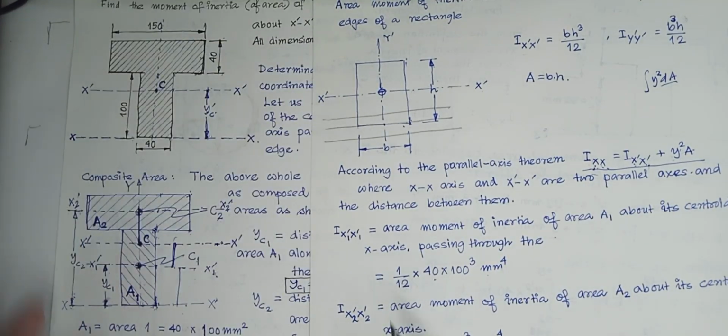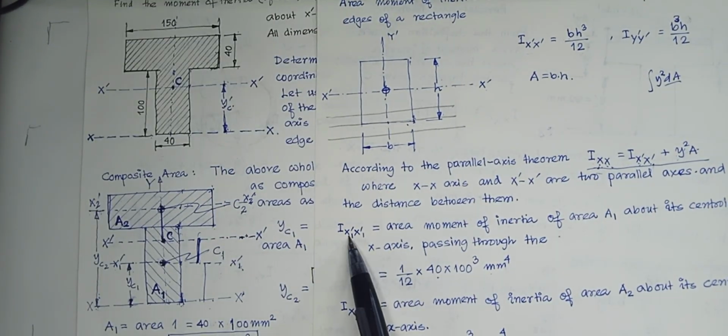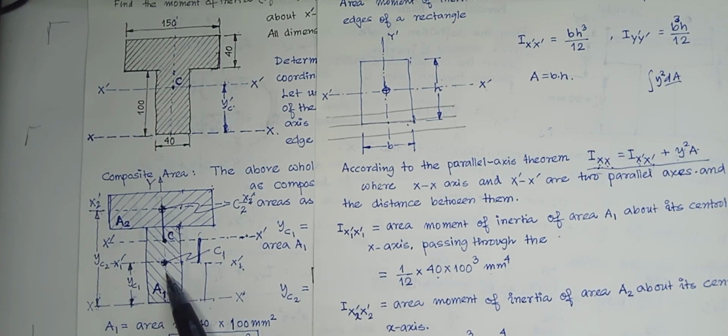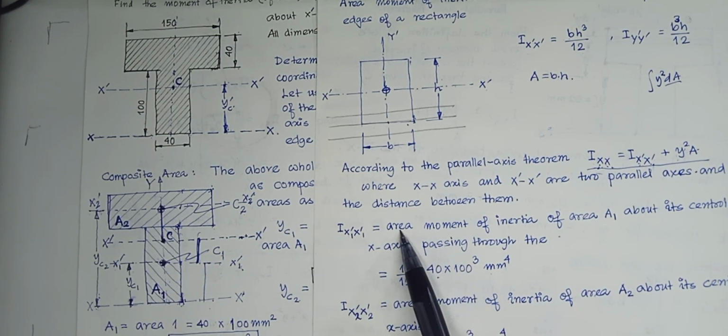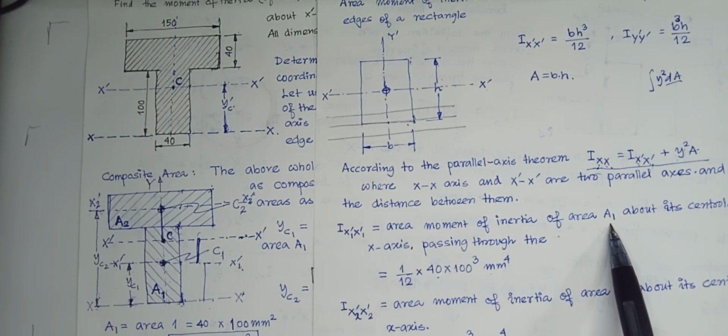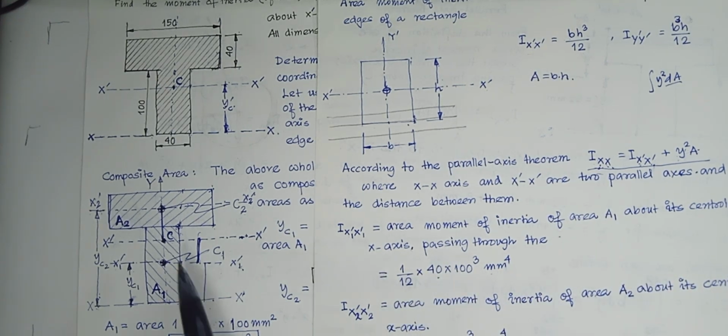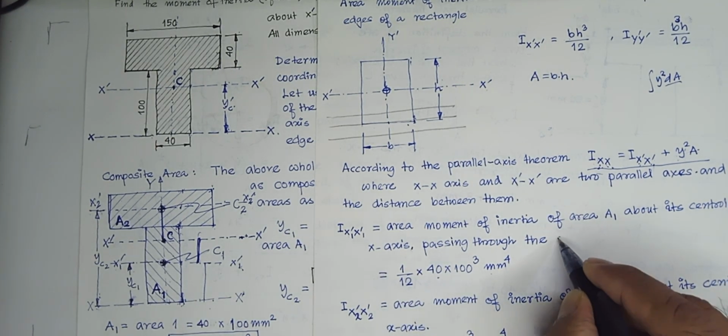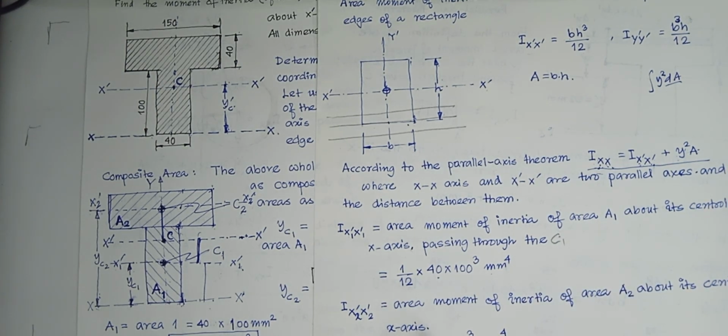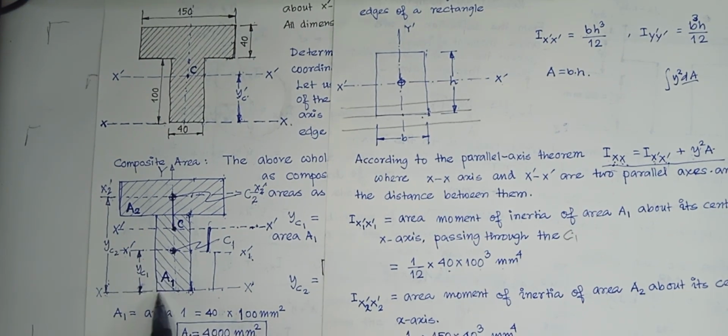This is the area moment of inertia of area A1 about its centroidal x-axis, passing through point C1. That is b h cube by 12, where b means 40 and h means 100, and I have calculated b h cube by 12 in millimeter to the power 4.